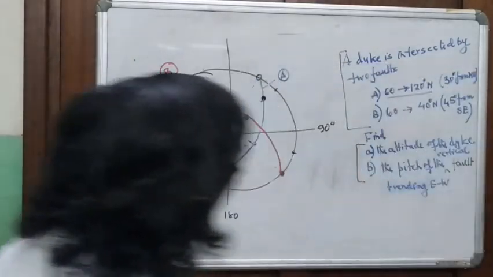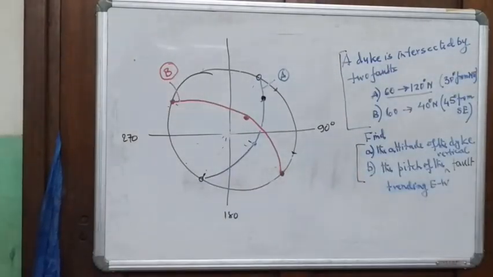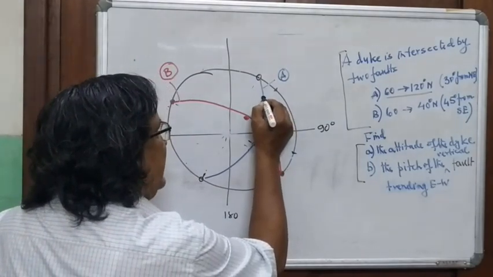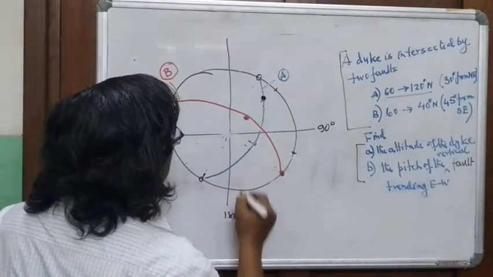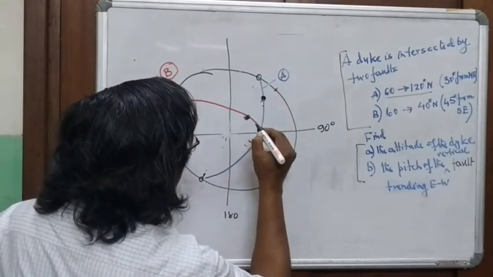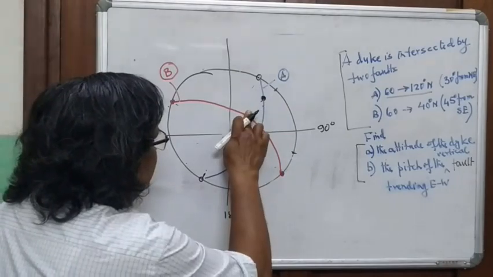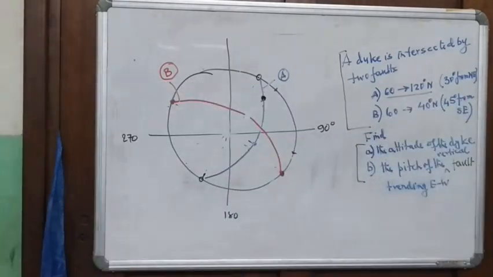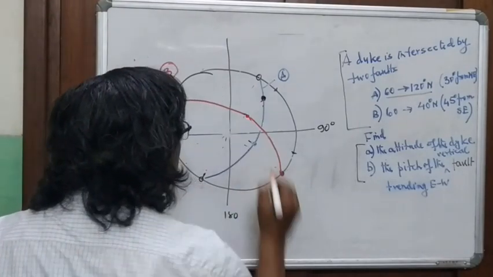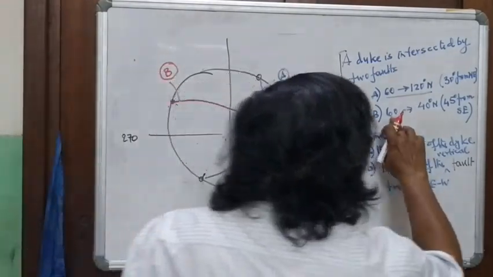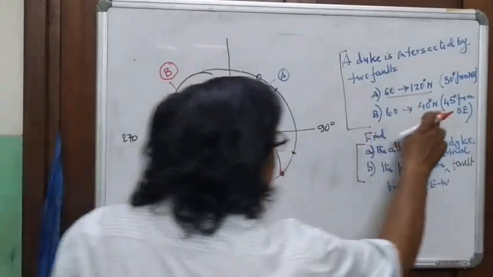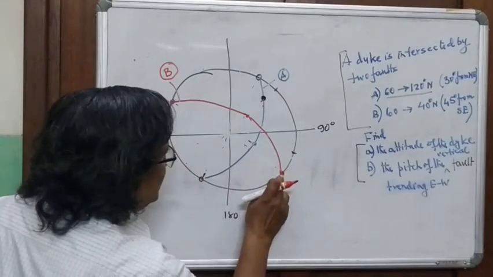So now what do we have? We have this point where the fault plane intersects fault A. Now, on this plane, 60 towards 40 degrees north, the pitch of the fault plane is 45 degrees from the southeast end.